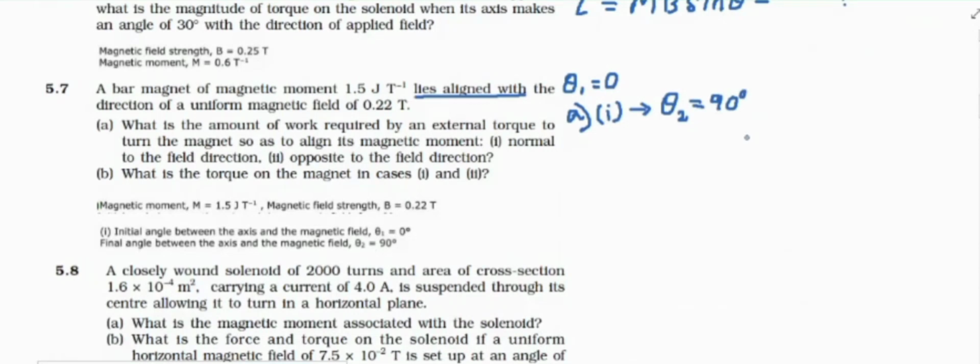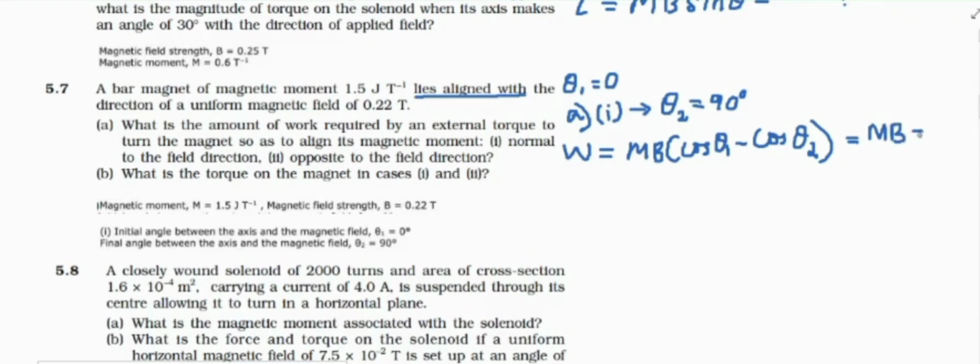Therefore, for work done we can use the formula W is equal to MB into (cos theta 1 minus cos theta 2). Now cos 90 is 0, cos 0 is 1. So you will get the answer MB. Substitute the values of M and B, you will get the answer.